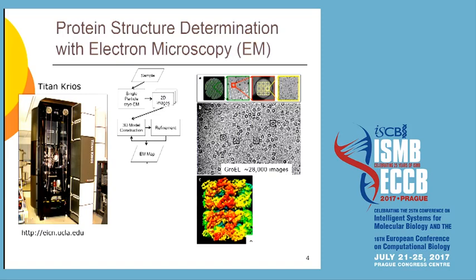So actually, there was a huge computational problem to develop the 3D structures from 2D images, because the 2D images are in different orientations. You need to cluster them, and then you need to align them. And actually, there was also motion. There was an intrinsic motion of the proteins, and that needs to be canceled out. So there was a recent breakthrough in the computational methods of how to determine these 3D structures from the 2D maps.